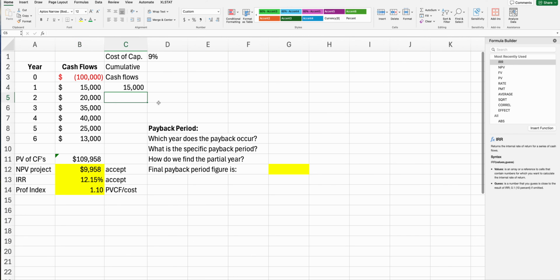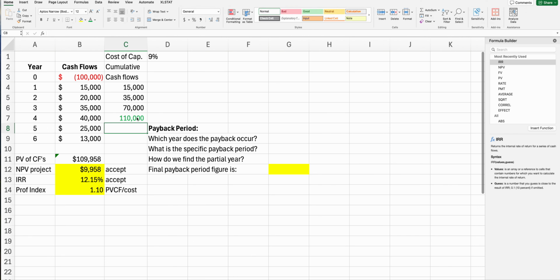So in this case, we would have cumulatively $35,000 of cash flow through year two. Same through year three. Years 1 through 3 in total would give us $70,000 in cumulative cash flows. And then finally through year 4, if we add another $40,000 to our dollar amount here, we would be up to $110,000 of cumulative cash flow.